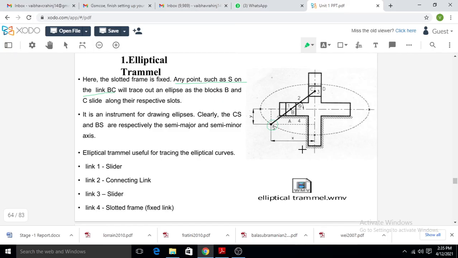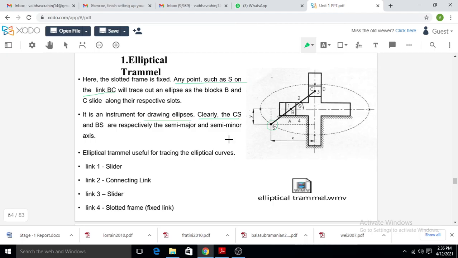That's why it is called the elliptical trammel. It is an instrument for drawing an ellipse. Clearly, CS and BS are respectively the semi-major and semi-minor axes. The distances C to S and B to S are called the semi-major and semi-minor axes.